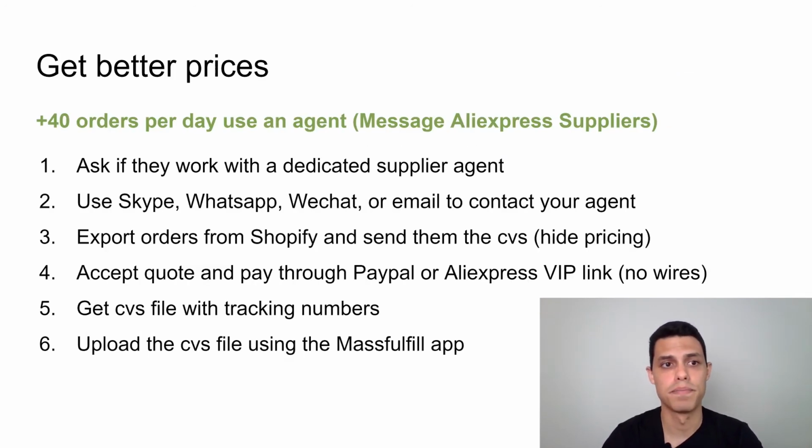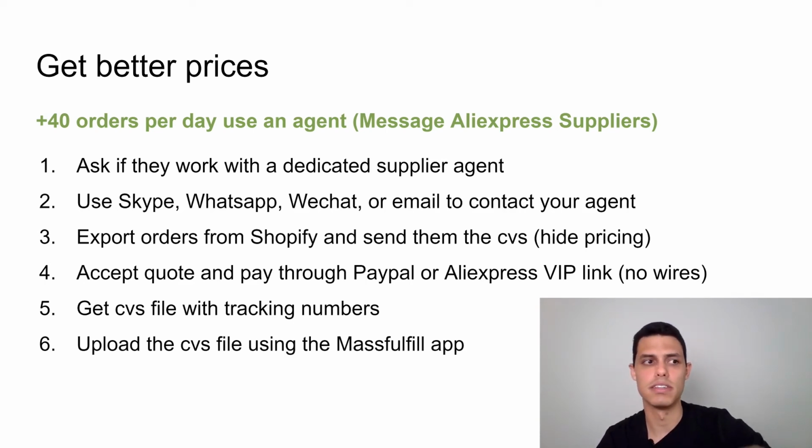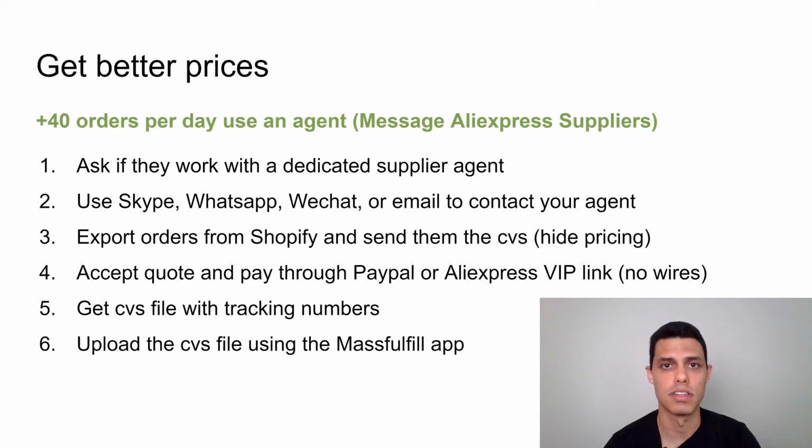Also, when you get to 40 orders or more per day, that's the time when you start to find an agent. An agent is someone that's usually in the same country as your supplier, who can speak the same language, get in contact with them and create that relationship for you. So the way to do it is, maybe you ask your supplier if they work with a dedicated supplier agent.